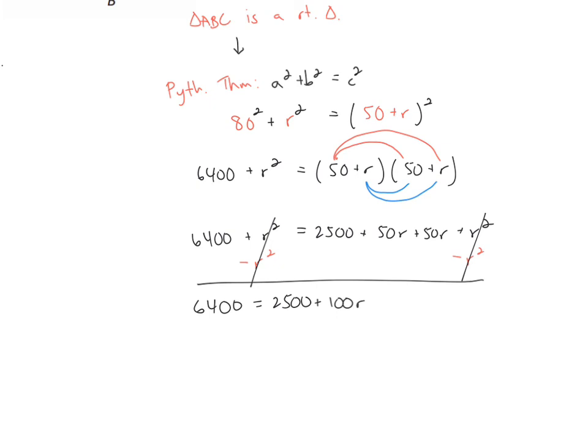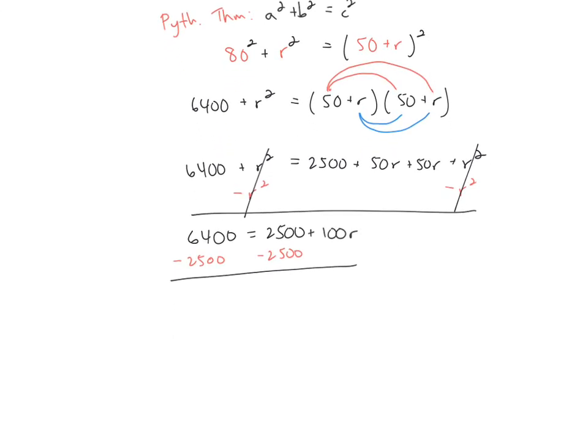All right, from here, relatively straightforward algebra. I'm going to subtract 2,500 on both sides of the equation. On the left side, 6,400 minus 2,500 is 3,900, and this is equal to just 100r.